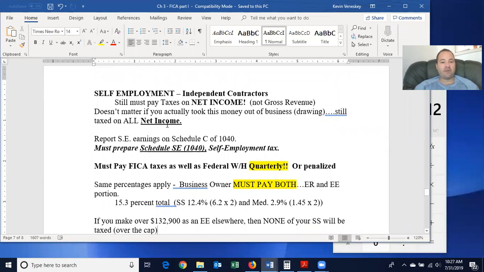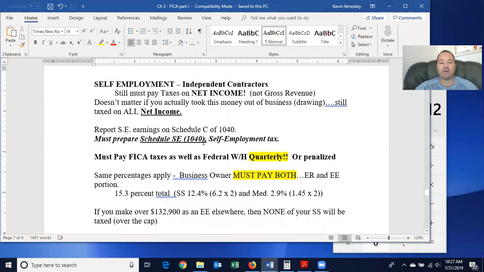The self-employment and independent contractors. Remember, independent contractors are not exempt from FICA. They still have to pay it. Whereas, remember, the student working at a college doesn't ever have to pay it. So how do they pay it? They actually end up paying it through their 1040, and it's calculated on what's called a Schedule SE.